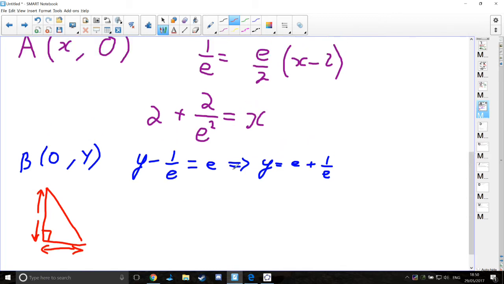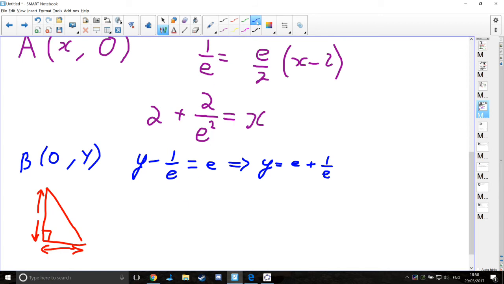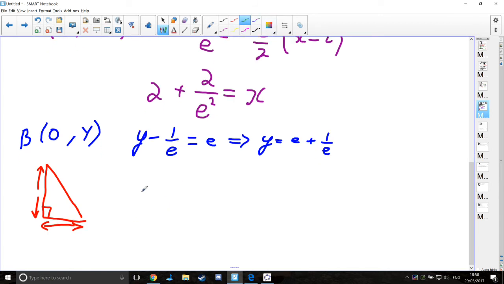So distance upwards is this here, so let's just write it in. And let's go for green, it's nice. e plus 1 over e, all multiplied by 2 plus 2 over e squared, and then that's all halved for that area.